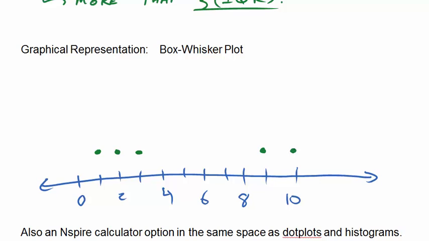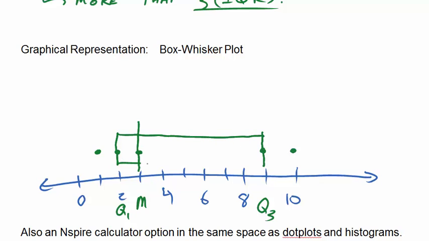And what I do first is I'm going to draw vertical lines at Q1. I'm going to draw a long one for the median and draw another one at Q3. So this is where my Q1 was located, this was my median, and this was Q3. And from Q1 to Q3, draw in a box.